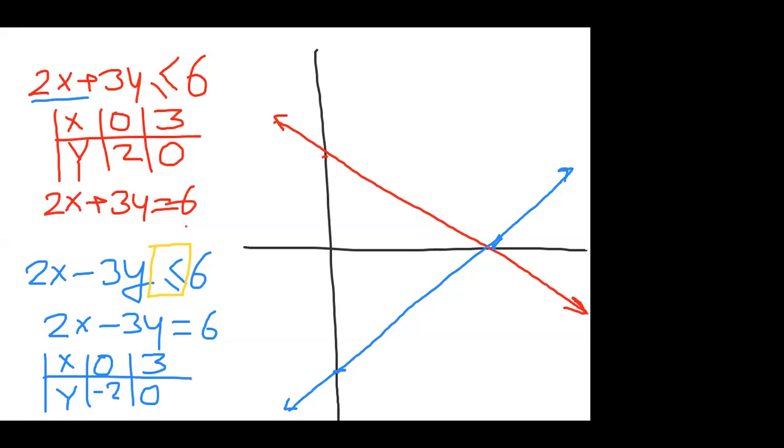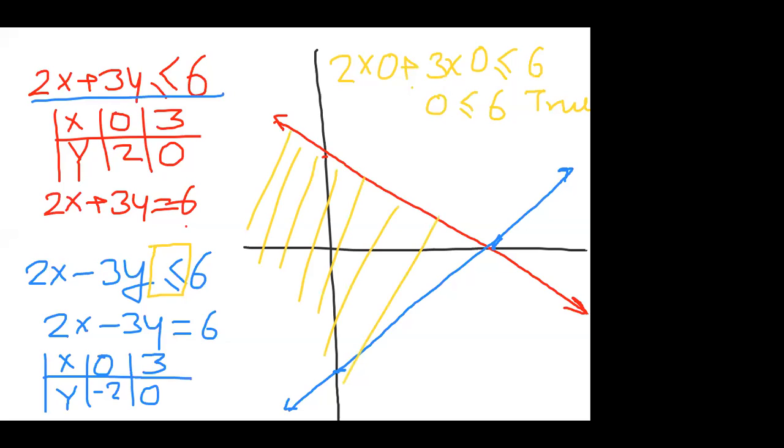In the first case, I'm doing it with the yellow color. 2 into 0 plus 3 into 0 is less than or equal to 6. 0 is less than or equal to 6. I suppose this is a true condition. True means shade towards that point. That point we have taken is 0, so shading will be towards the origin. It will be like this.